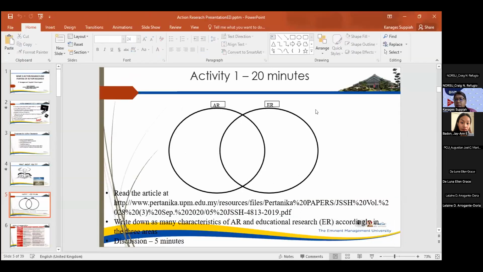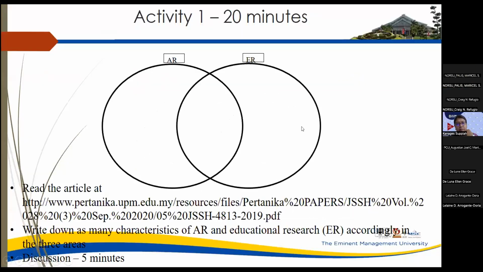Yes, please. Okay, it follows IMRAD format. What is IMRAD format?